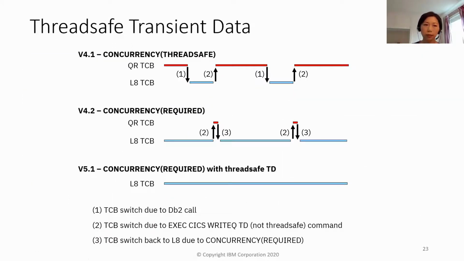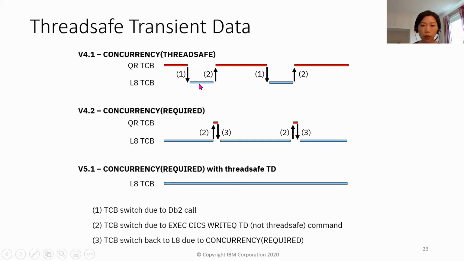So let's give you a visualized view of those TCP switches. The top one shows you that at the CICS 4.1 time, we have some transient data commands which were not thread safe at that time. So in 4.1, when that kind of command is encountered, it runs started on QRTCP.